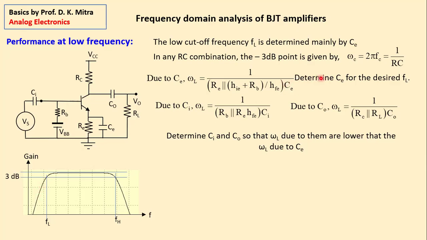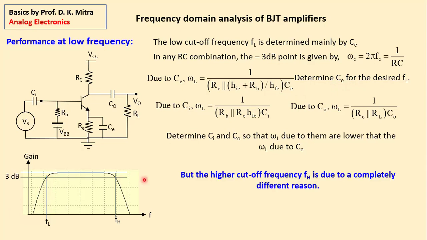So the main predominant factor will be played by CE, and that should meet this criterion of lower cutoff frequency, right? So this is how this particular common emitter amplifier, which is the most commonly used amplifier, works at lower frequency.